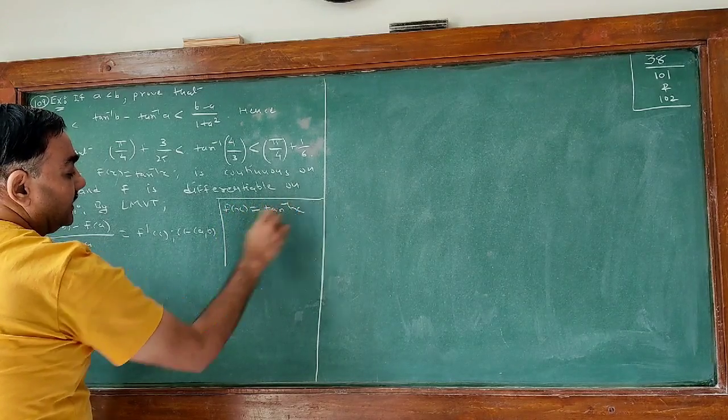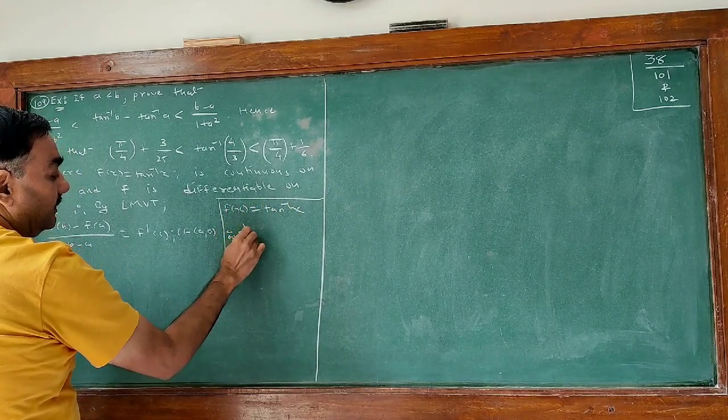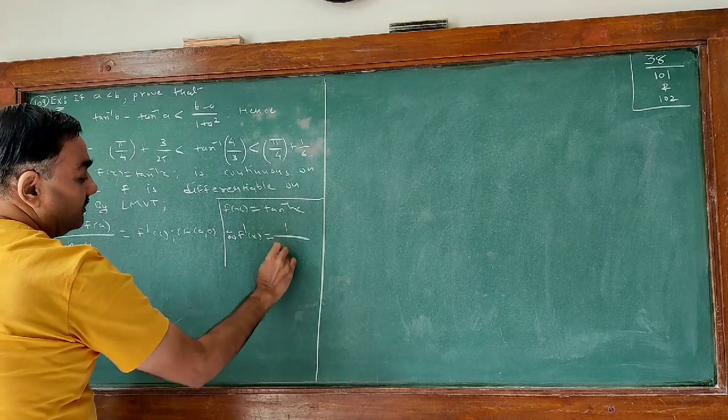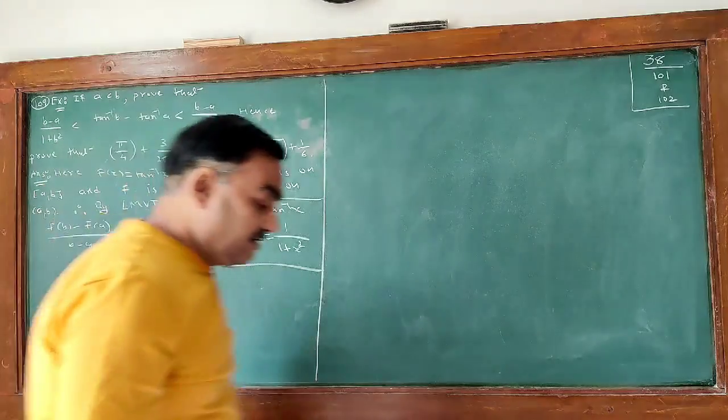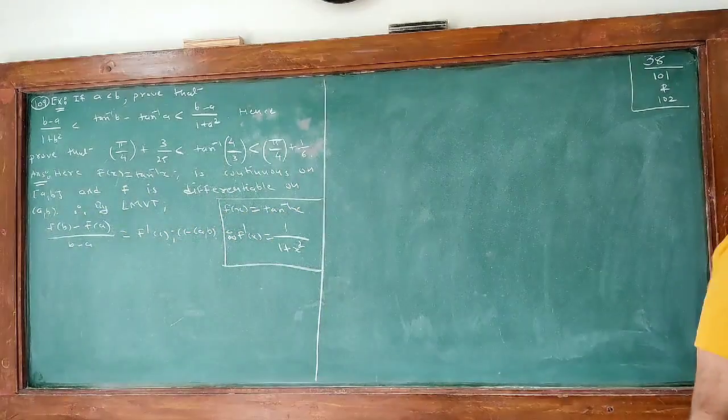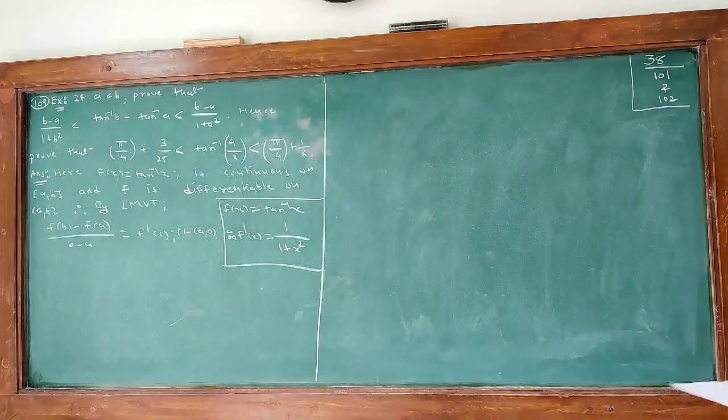f(x) is tan inverse x and therefore f dash x is 1 upon 1 plus x square. This is the answer for the derivative. So we put these values here.